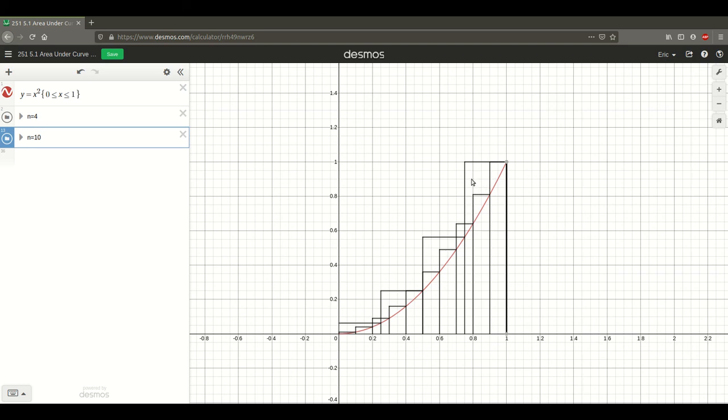And in fact, as the value of n increases, how much we overestimate or how much we underestimate goes to 0. Let me say that differently. As n goes up, the error in our estimation goes down. So now we're going to return back over to paper, and I've got a chart for you.